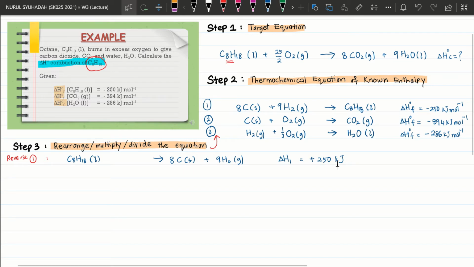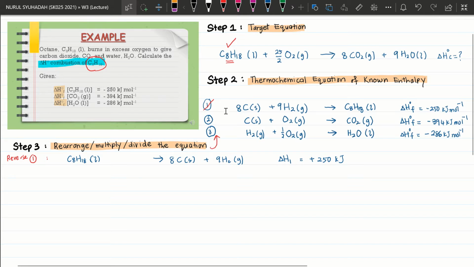So we have settled with C8H18. Okay, next is oxygen. Once you have finished with equation number 1, put a tick over here, meaning the next equation that we're going to focus on is either equation 2 or equation 3.